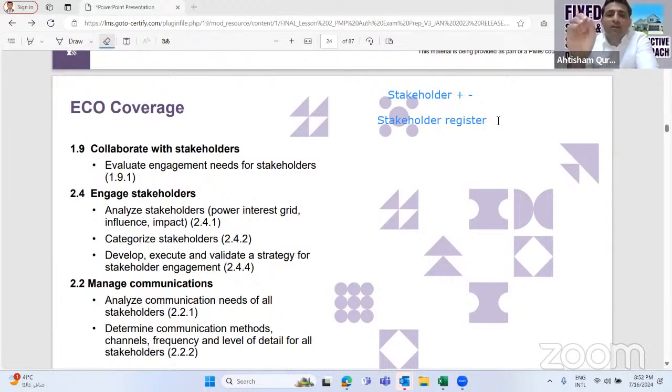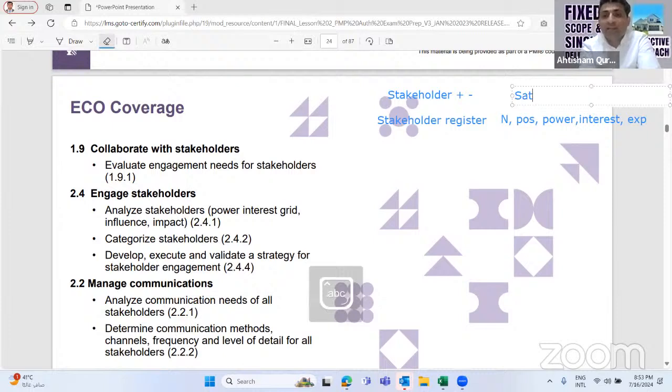We capture the hierarchy of the stakeholder, what their power is, where they stand in the organizational structure, what the interest level in the project is, and what their expectations are. Everything is in the stakeholder register.